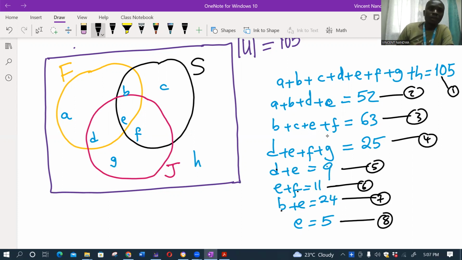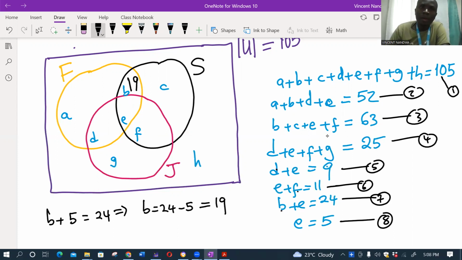Because from 7, B plus E, whose value is 5, we get 24. So this means B will be 24 minus 5, whose value is 19. So where there's B, we put 19. And then from 6, E plus F is 11, but E is 5.